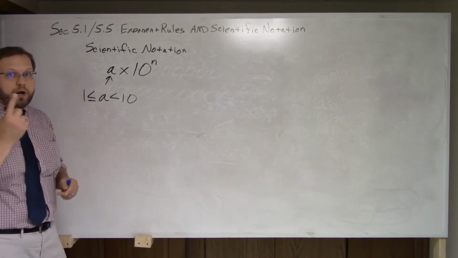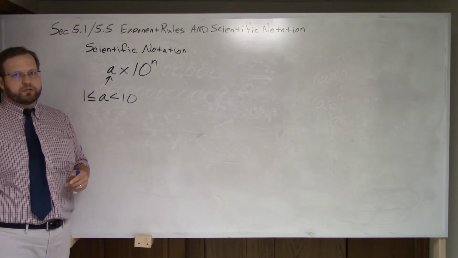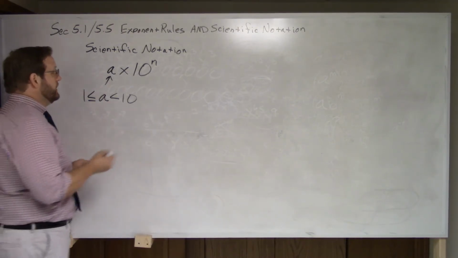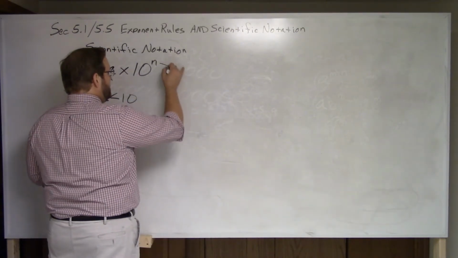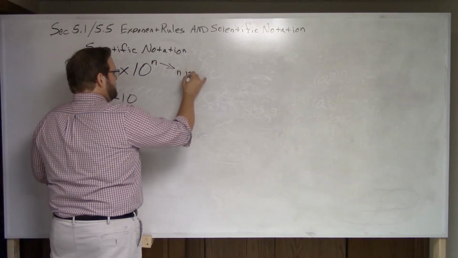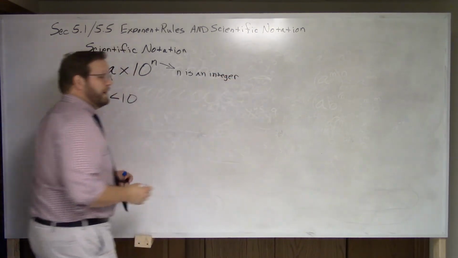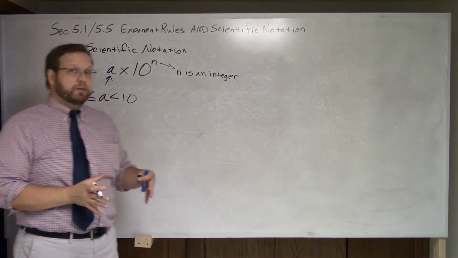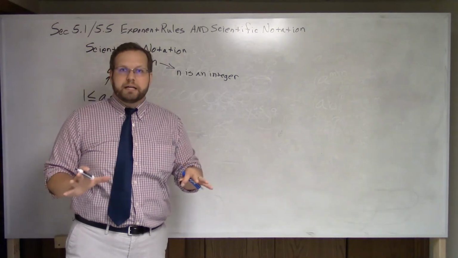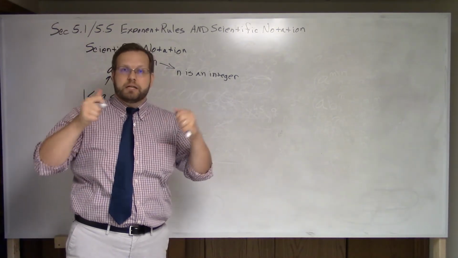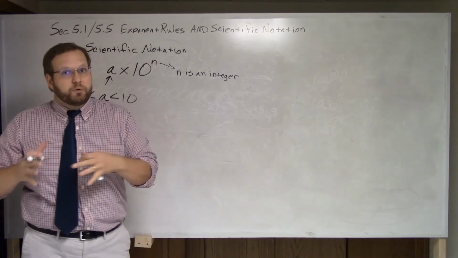So basically we want a ones digit. We can't have a tens, hundreds, or anything beyond that. The n is an integer. Now, when I introduced negative exponents a couple minutes ago, I said never leave negative exponents except with scientific notation, because a negative exponent means something.